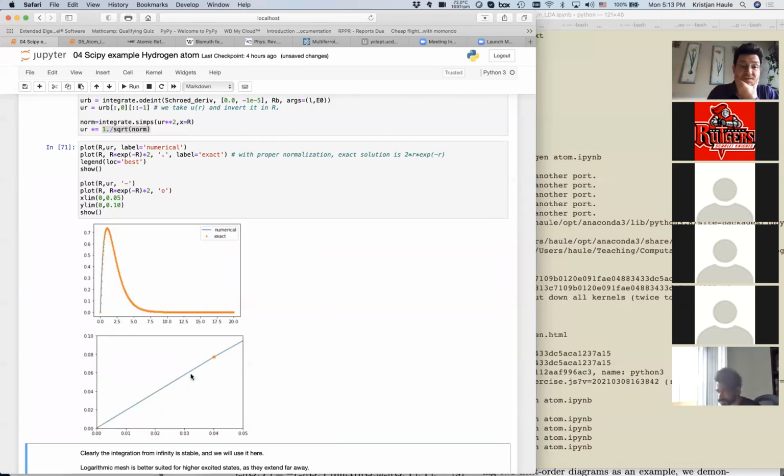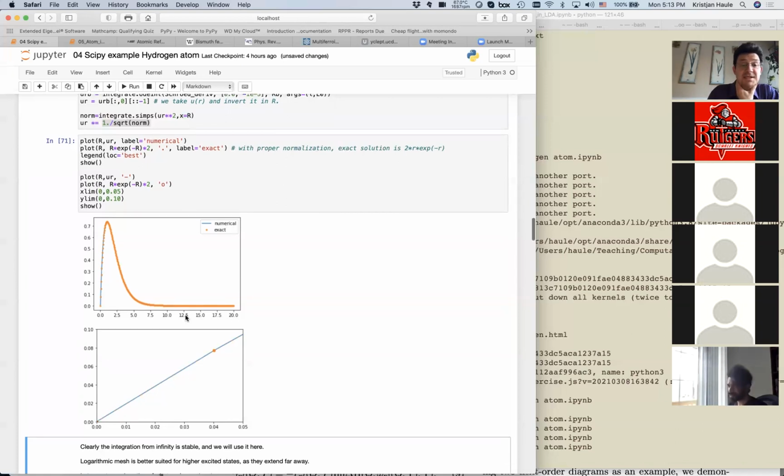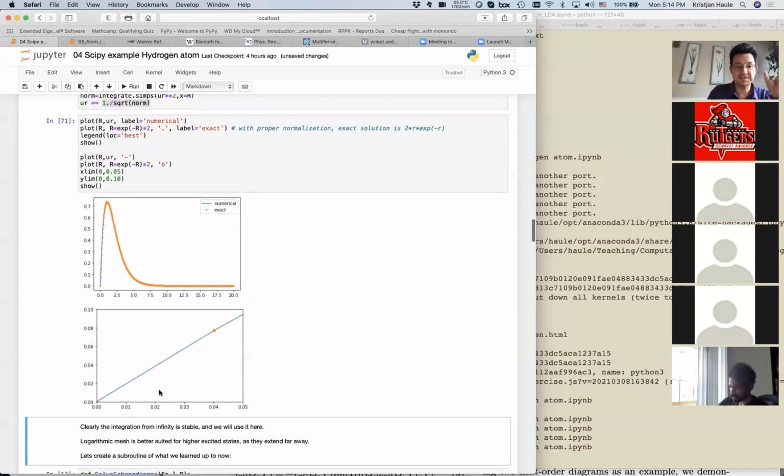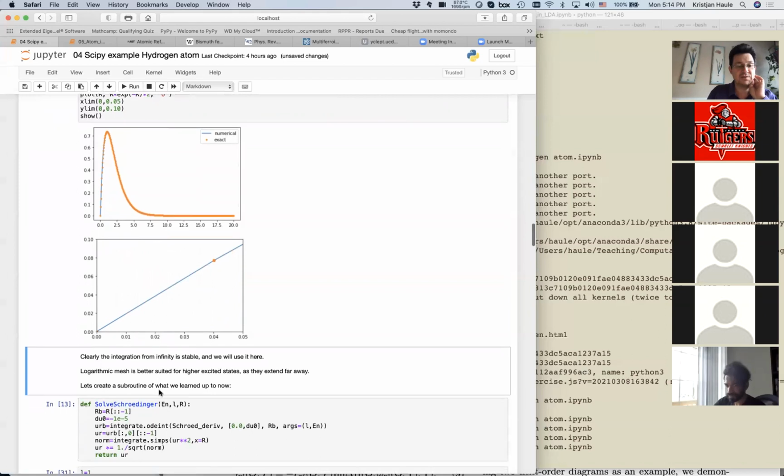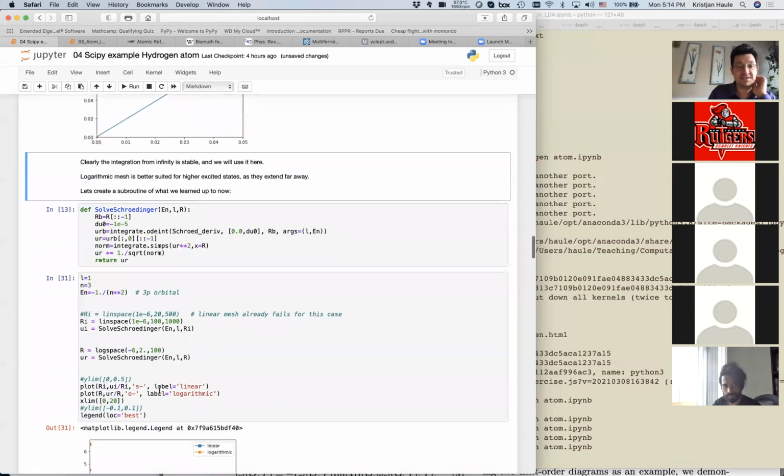Okay. So the message is that integrating from infinity down to 0 works perfectly, in the sense that the boundary condition for the exact energy -1 is very well satisfied both at infinity and 0. So integrating from infinity is stable.